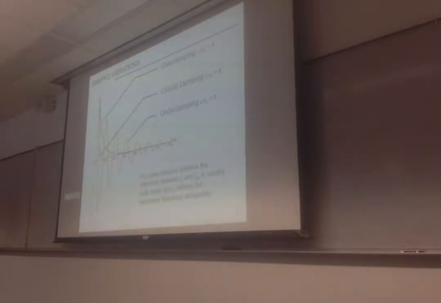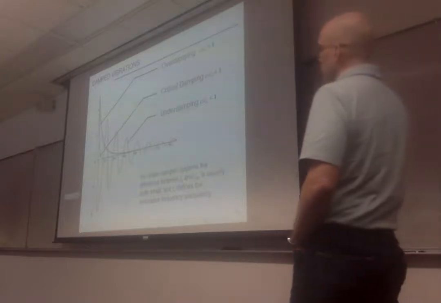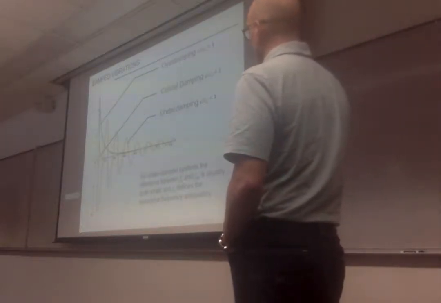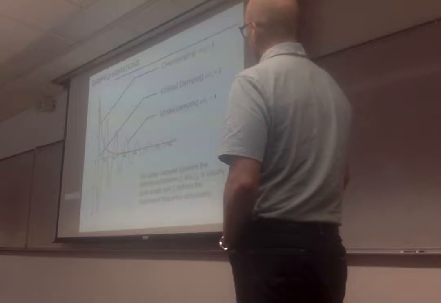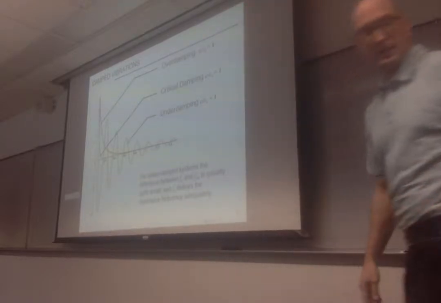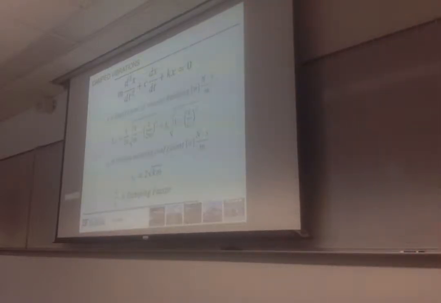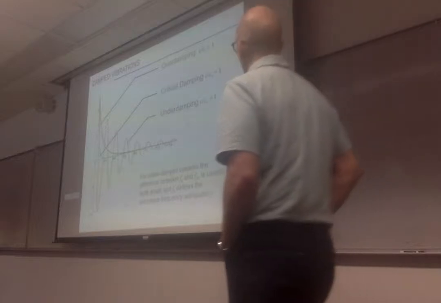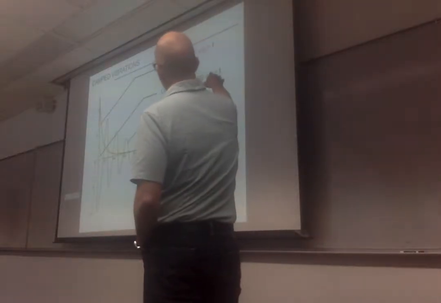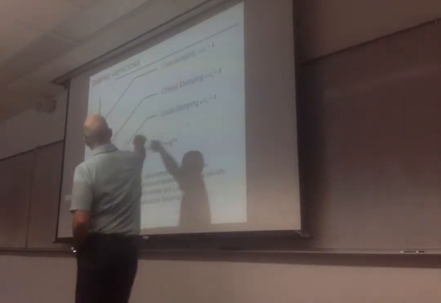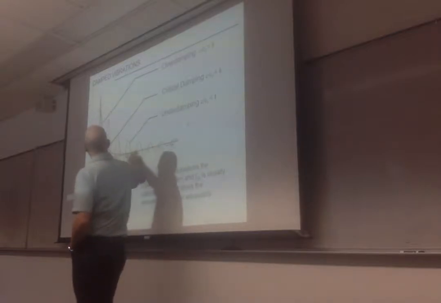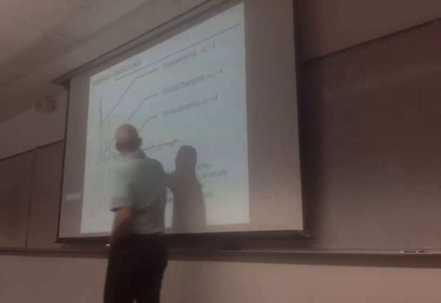If you were to set the system into motion, you will have three different general cases that can happen, and that depends on this value here: whether it's larger than 1, equal to 1, or smaller than 1. If you have a value under the square root that is larger than 1, that's what you have expressed as a red line, overdamping.